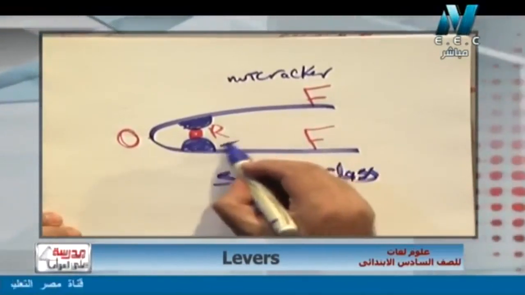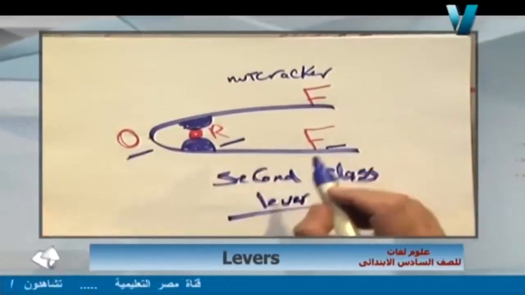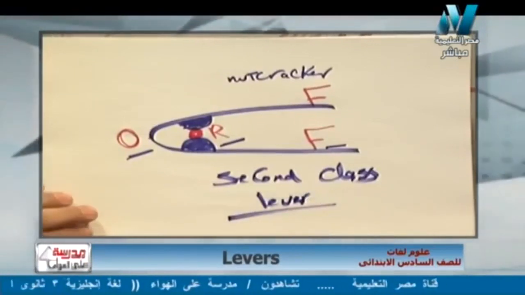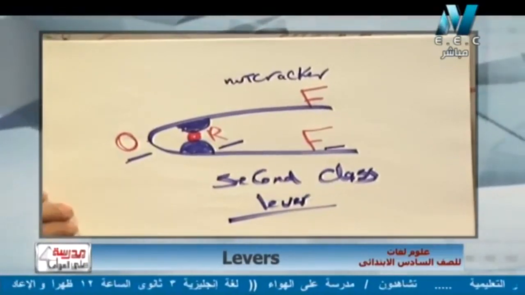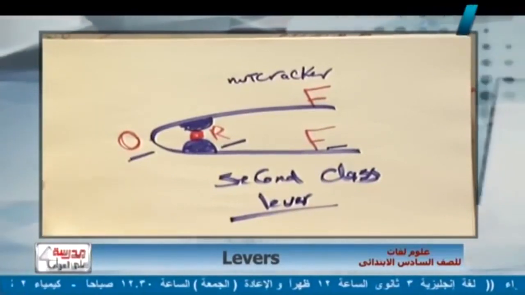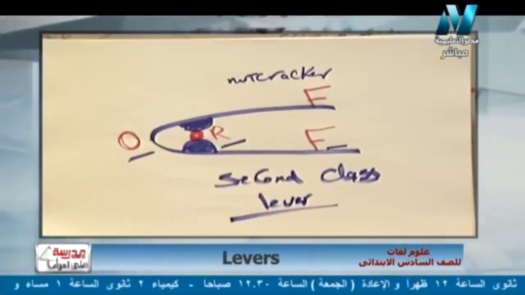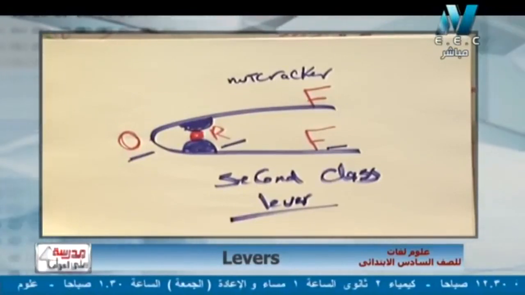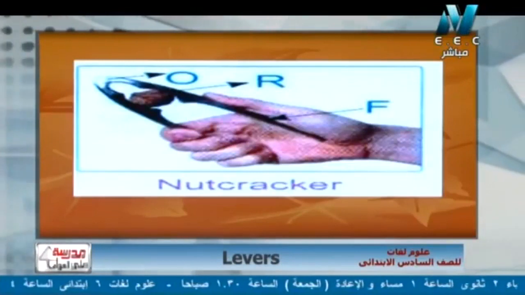Because it has R, resistance, between O and F. It has resistance between fulcrum and effort force. So again, the nutcracker is a second class lever. If the question is give reason, I can say because it has resistance between fulcrum and effort force.